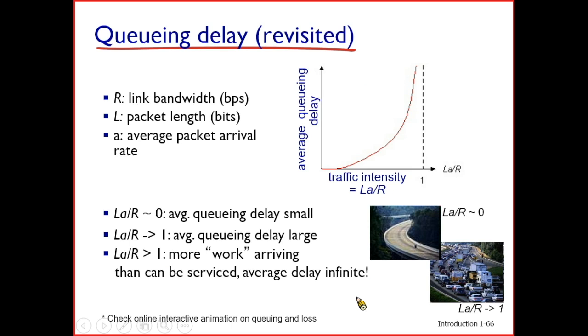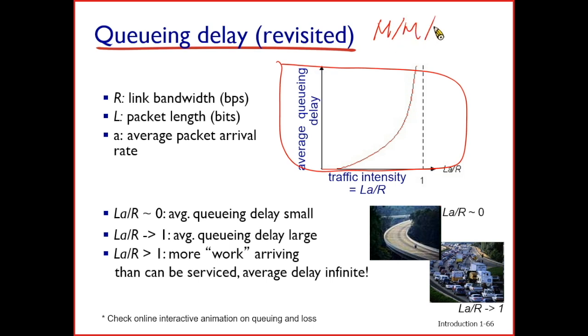This is a formula from the M/M/1 queuing delay. If we have the M/M/1 queuing delay, you can look it up using Google with the term M/M/1 queuing delay, and then we have a formula.